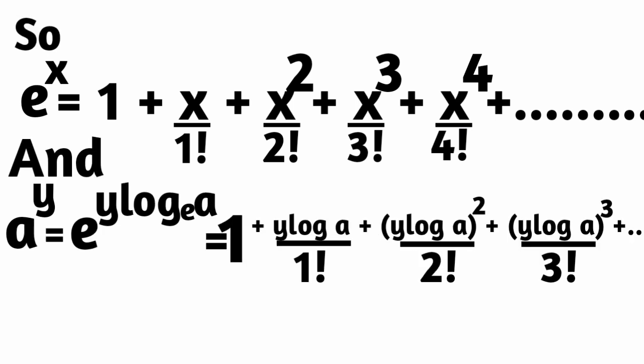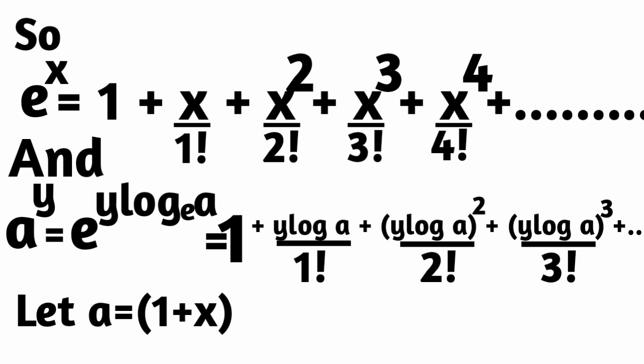By comparing this, a^y is equal to e^(y log a) with exponential base, which is equal to 1 + y log a/1! + (y log a)^2/2! + (y log a)^3/3! and so on. Here x has been replaced by y log a with exponential base.